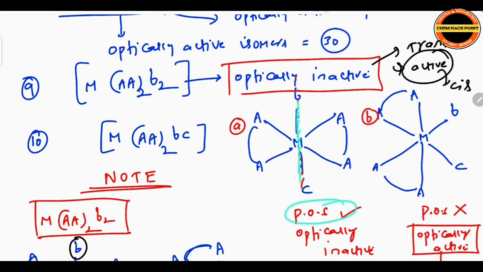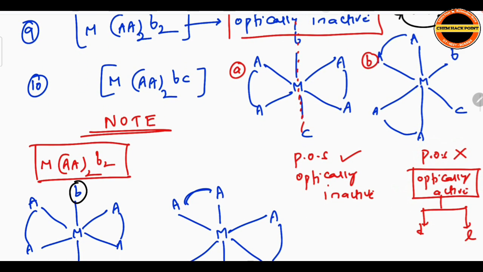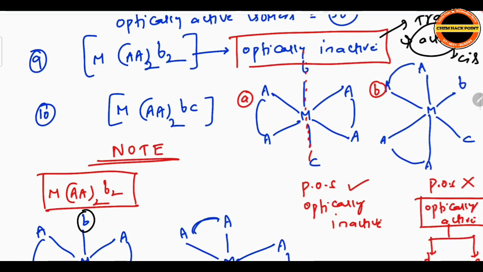So POS present, optically inactive. But here no POS, so optically active. Optically active compound means again D and L, 2 optically active isomers. Overall it is optically active, this one. Which one is optically active? Only one structure. One of the structures is optically active.